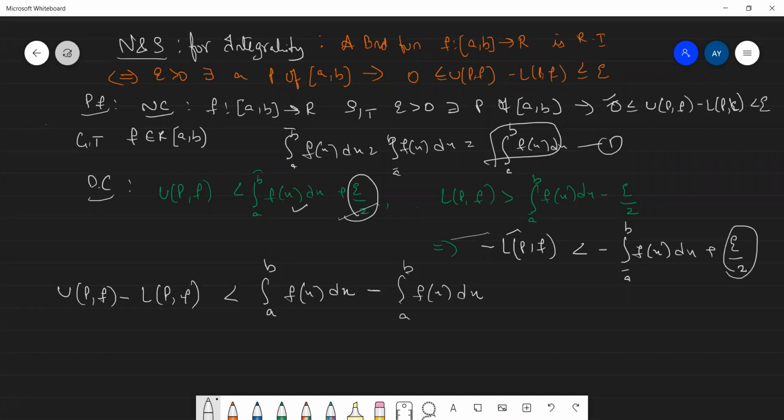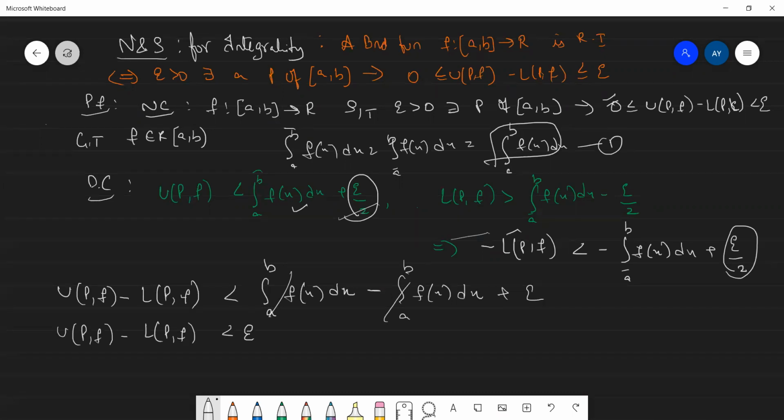So you'll have plus epsilon. These both get cancelled, so you'll have U(P, f) minus L(P, f) is strictly less than epsilon.